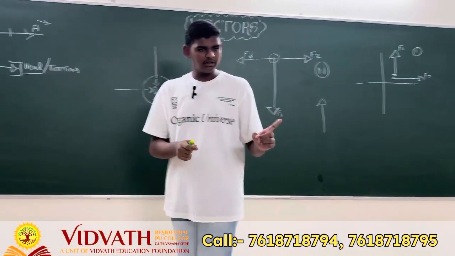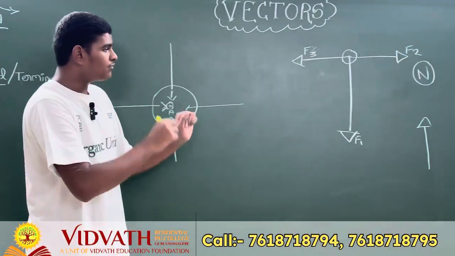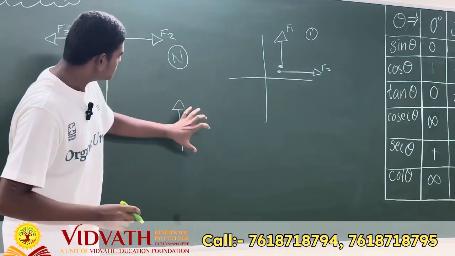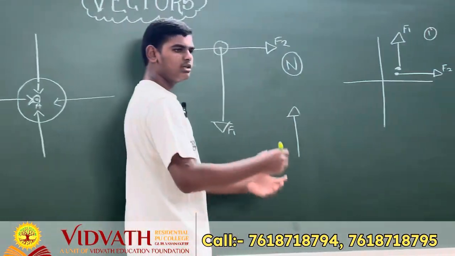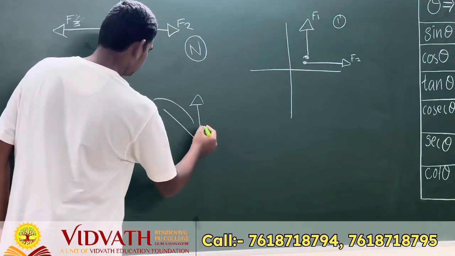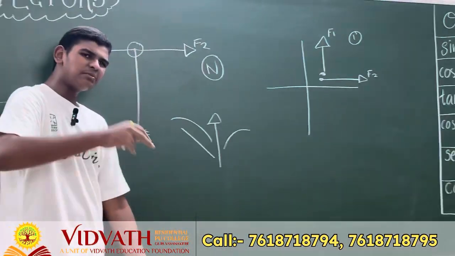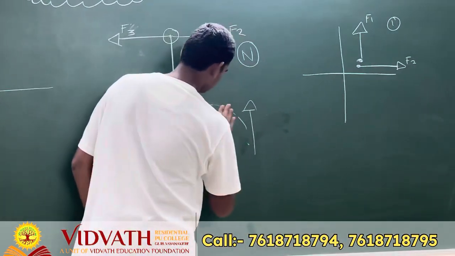Now in free vector, the magnitude remains constant. Nothing changes. What we have to do is change its position without changing the direction. Is it possible? What most of us think is, let's make it move this side, turn it, move it this side. But is it practically possible to do all of these things? Absolutely not.